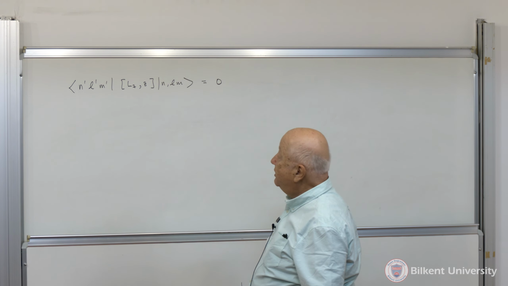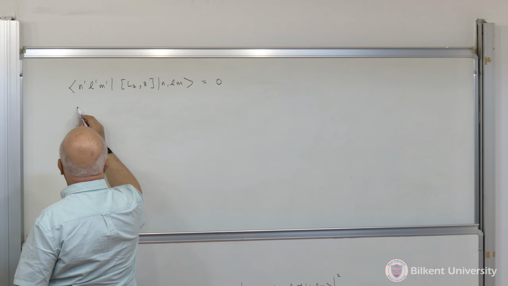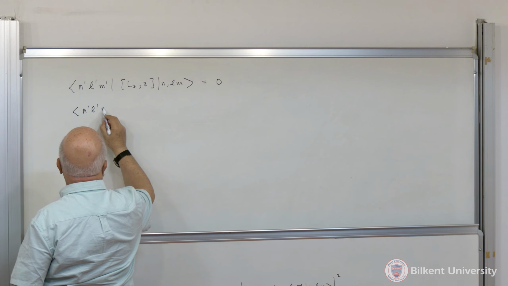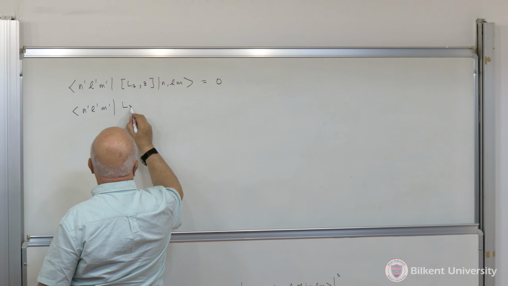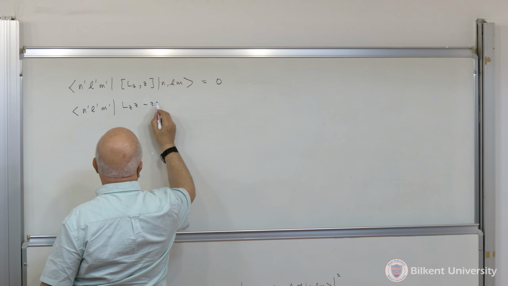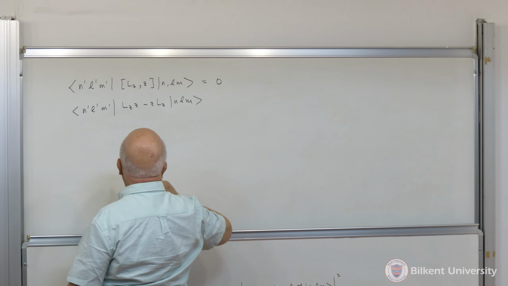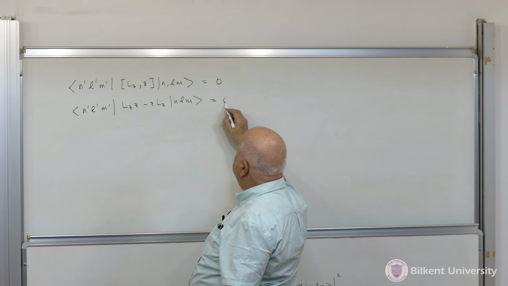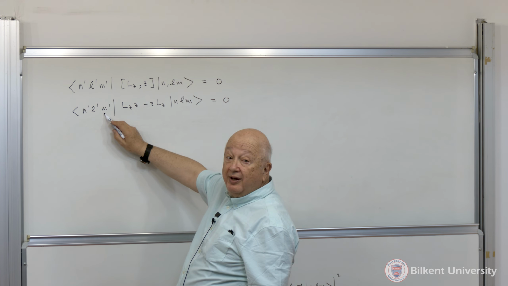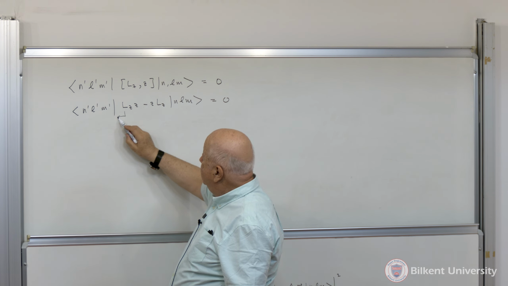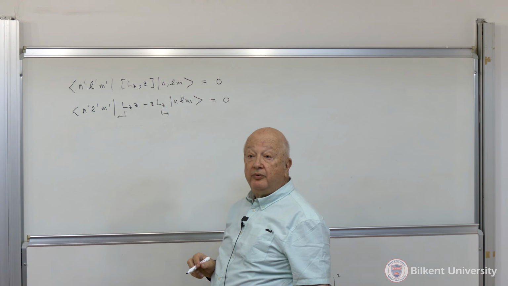So that's that. But now let me write the left-hand side. So this is going to be n prime, l prime, m prime, and then I have Lz z minus z Lz, and l m. So this has to be equal to 0. So you see these are eigenstates of Lz. So I can operate toward the left there and toward the right over there.